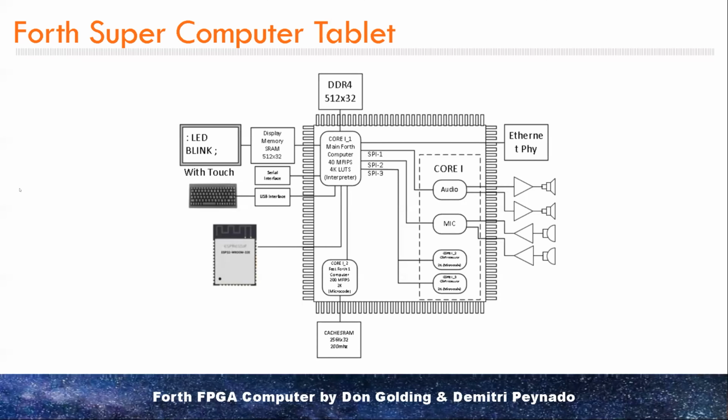So this is the full Forth supercomputer tablet idea, and I've already bought about $1,500 worth of parts already. I've already bought all the FPGAs. They're 24,000 LUT FPGAs. Our full Forth engine with interpreter, compiler, and RS-232 goes in and it executes, including 32-bit division, which is really expensive.